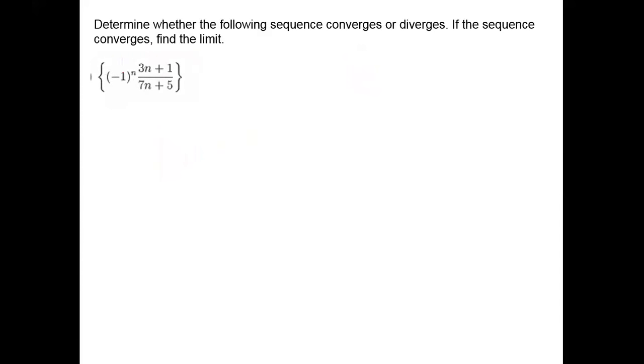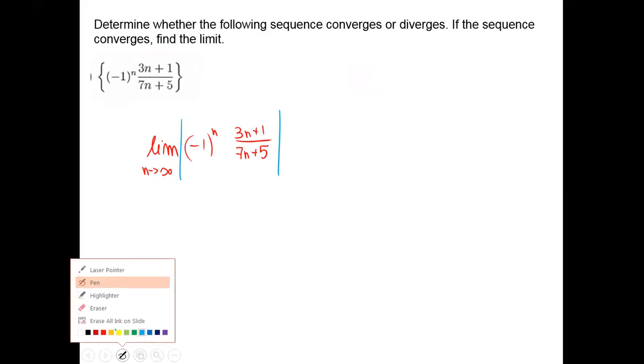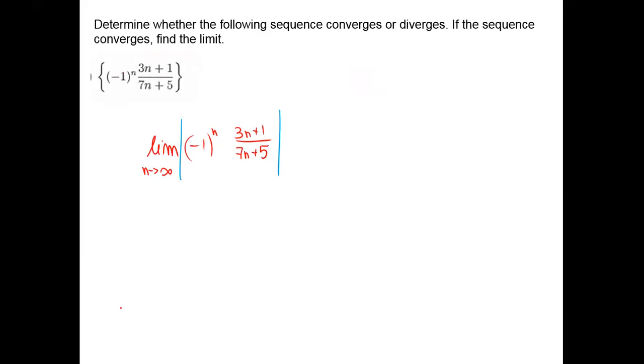Okay, another sequence: negative 1 to the n, times 3n plus 1 over 7n plus 5. So let's find the limit. This sequence includes negative 1 to the n, which means it is alternating. What we can do is try to find the limit of the absolute value. We remember that if the absolute value goes to 0, then the original sequence also goes to 0.